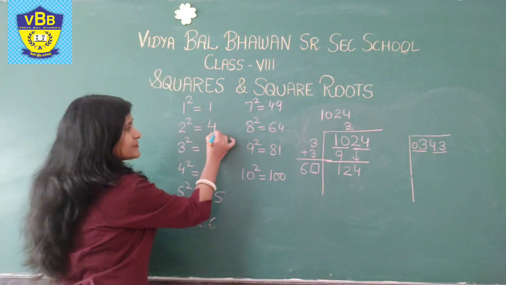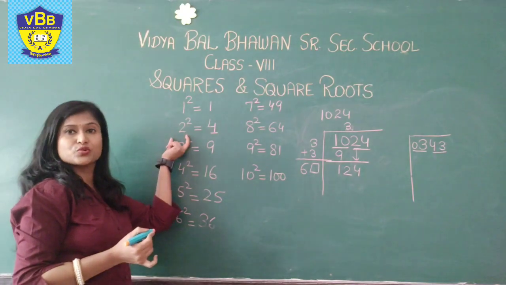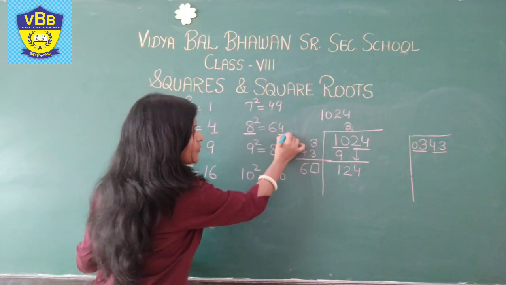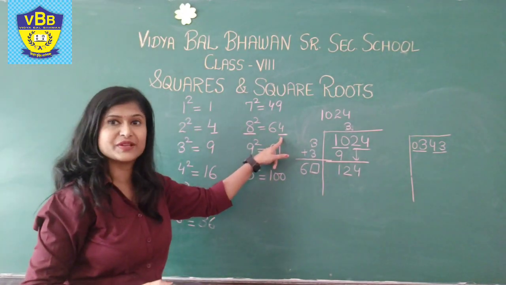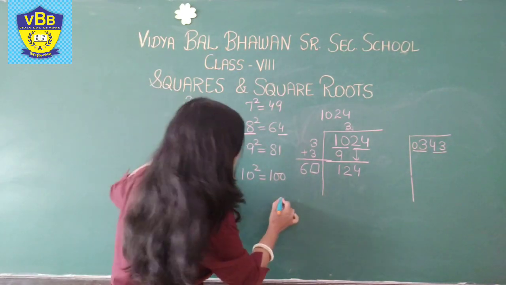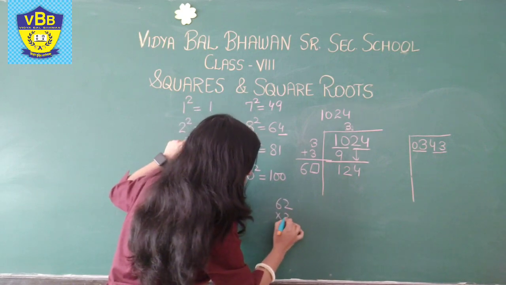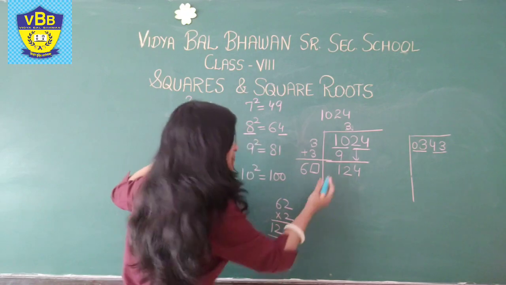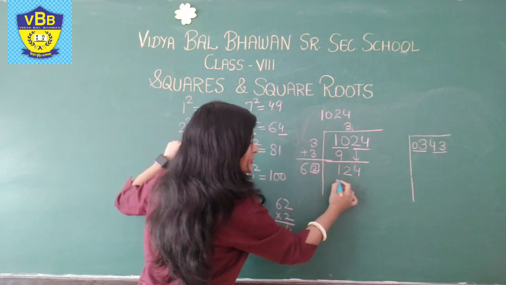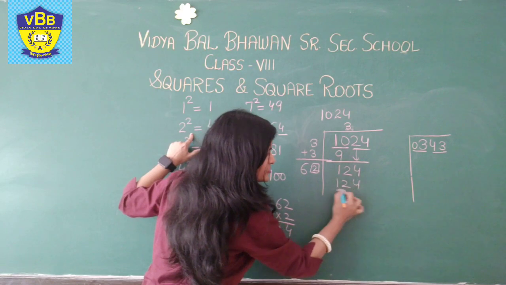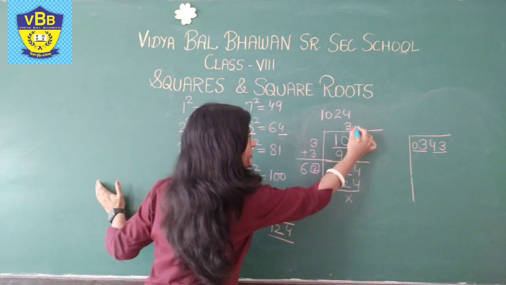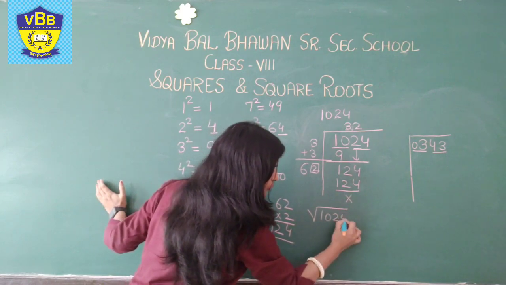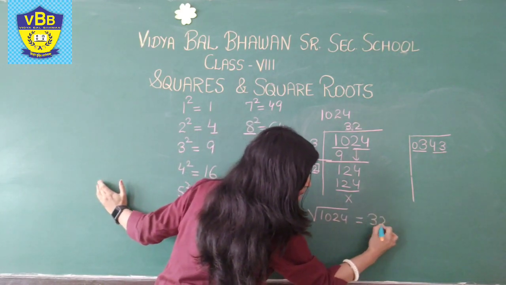A 4 in the ones place will come from 2 square, or from 8 square. So we are doing 6 twos: 2 into 2 makes 4, 6 twos are 12. If we put 2 here, we get the same number 124. So we conclude that the square root of 1024 is equal to 32.